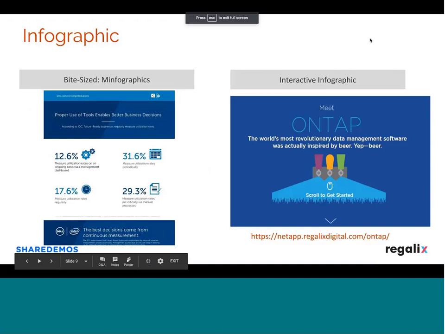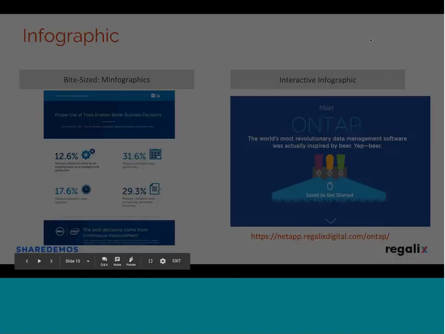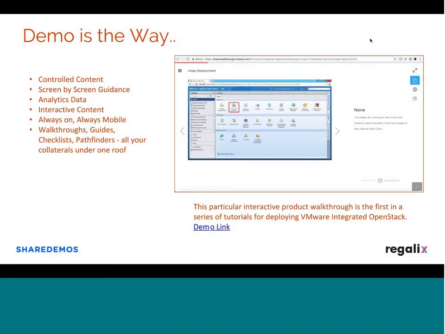Going back from infographic, we have demo. Now, this is very interesting. Regalix was working with one of our clients by the name of VMware. VMware is a Fortune 500 company, and it's now part of the Dell EMC ecosystem.